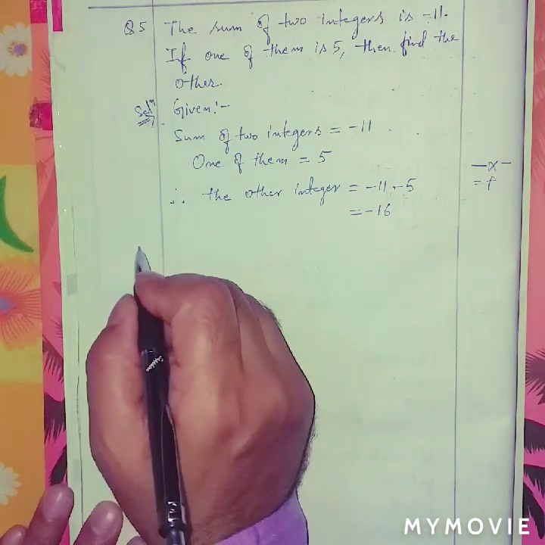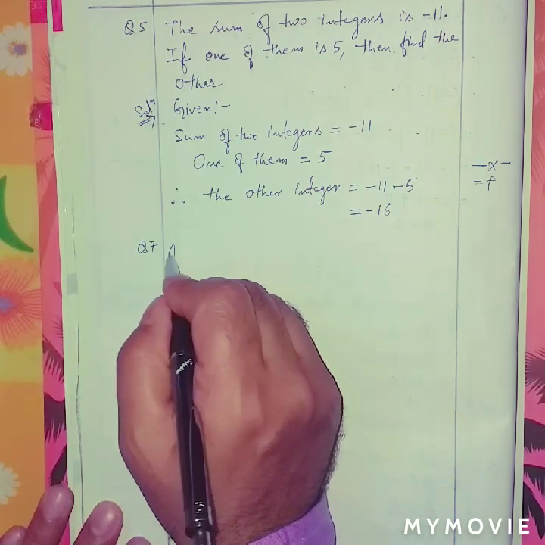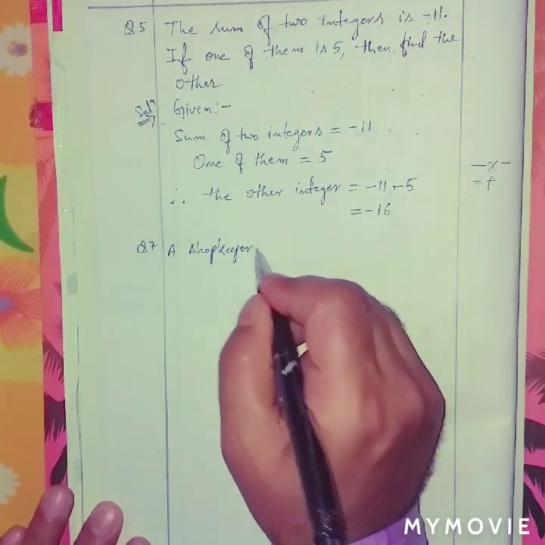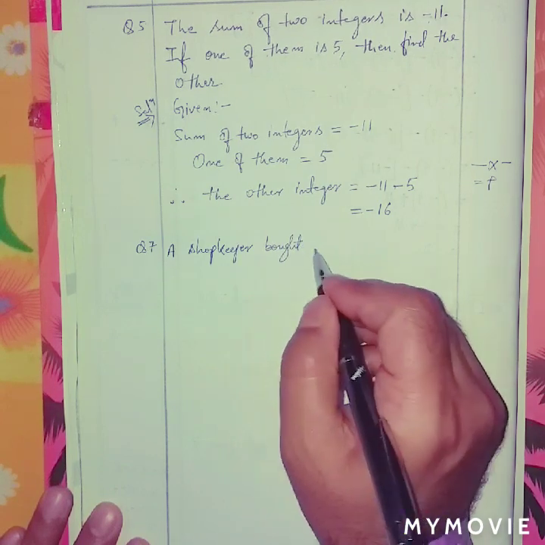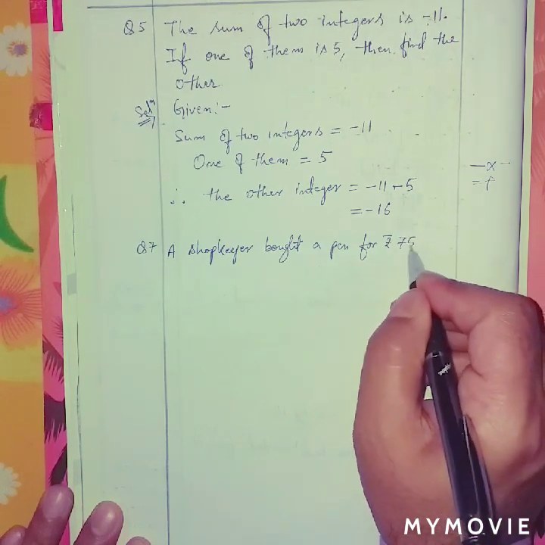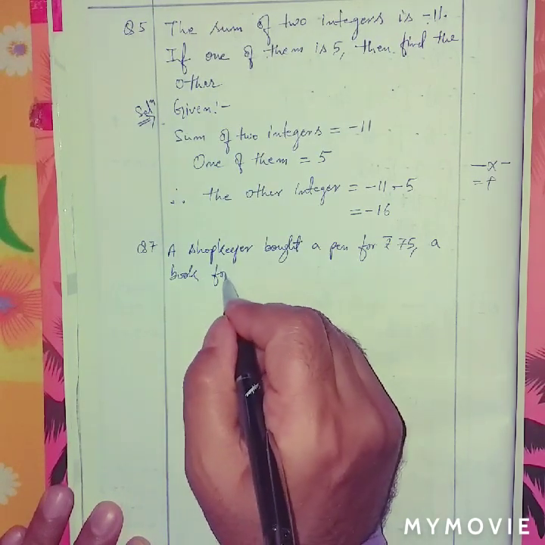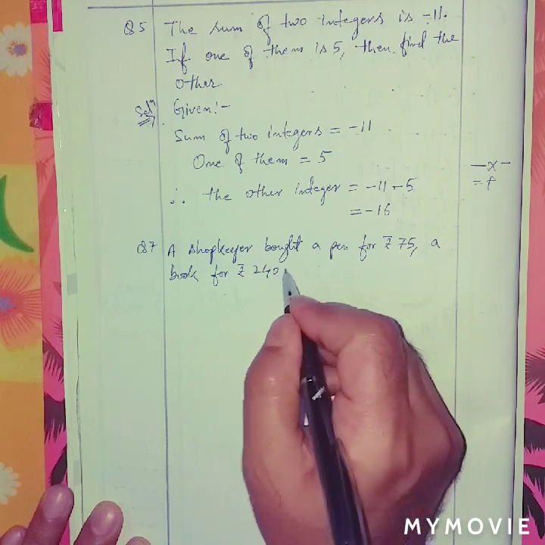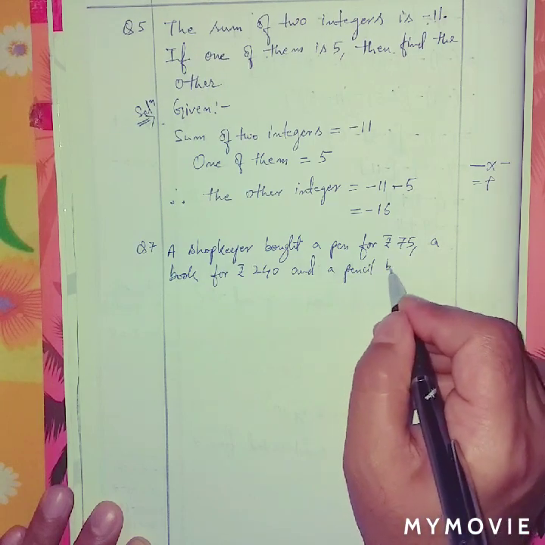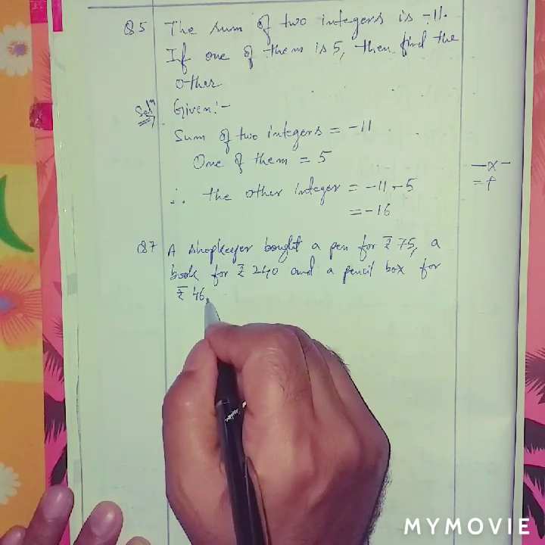Now the next question I am taking is question number 7. Here is a story: a shopkeeper bought a pen for rupees 75, a book for rupees 240, and a pencil box for rupees 46.